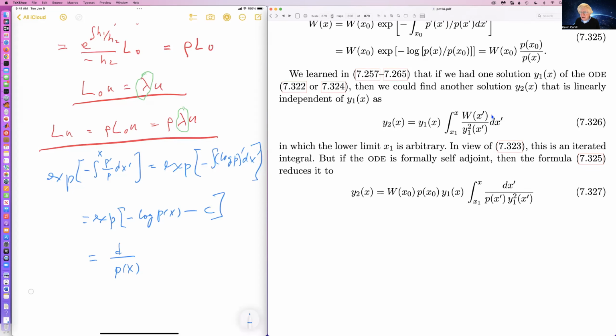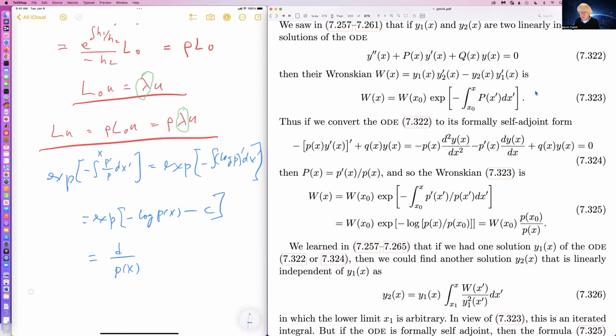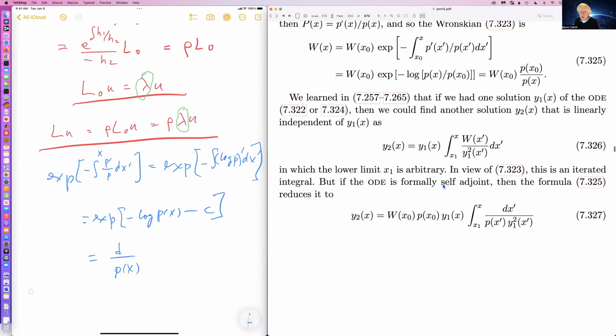Ordinarily, this would be an iterated integral because W itself would be an integral. But if the ODE is formally self-adjoint, then we have a formula for the Wronskian, namely, it's just 1 over p.